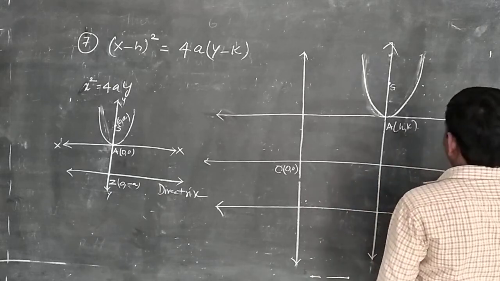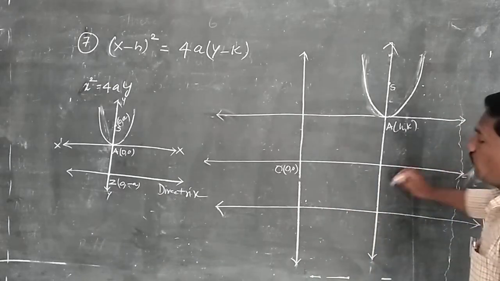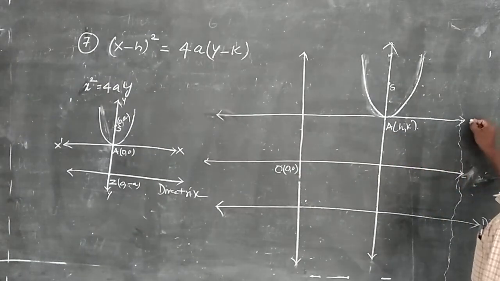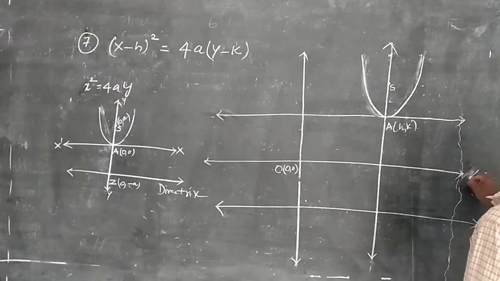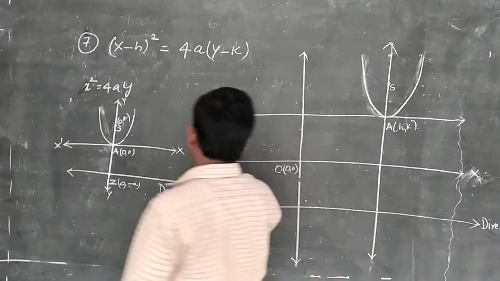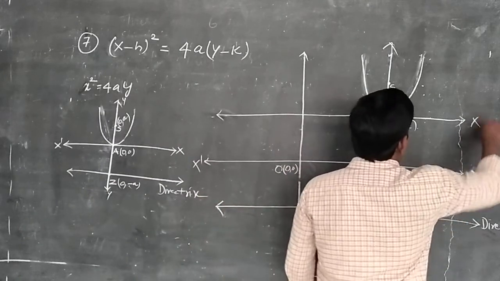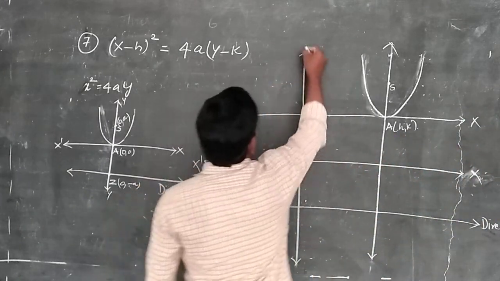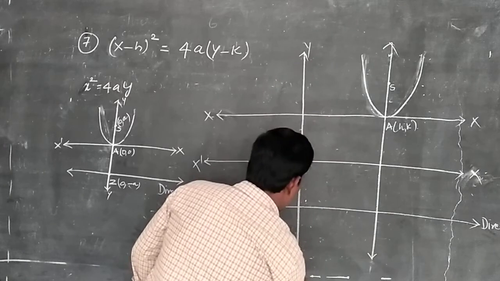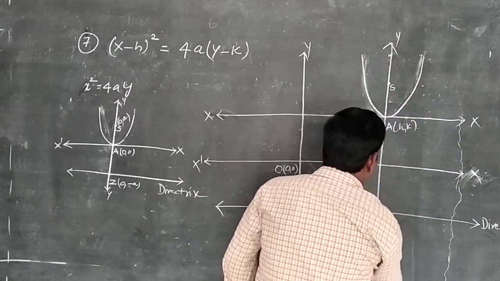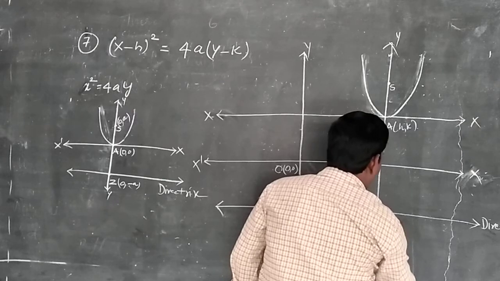So both are also axes. So why? Because the origin shifted to (h, k). This is x dash, this is also x dash, y dash, this is also y dash. So this is the point on the directrix.